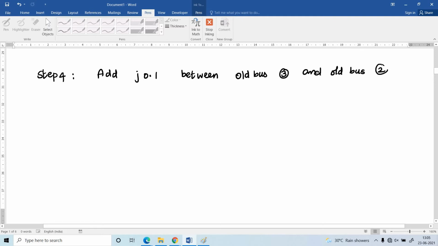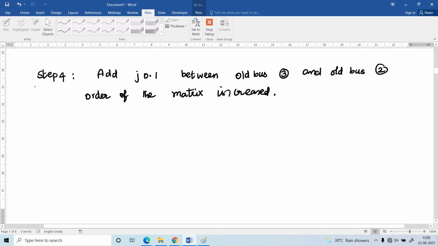Because we have already used these buses, they are now considered old buses. Here also, the order of the matrix is first increased. After that, we have to reduce the last column and row elements. Finally, we get the same 3 cross 3 matrix only.